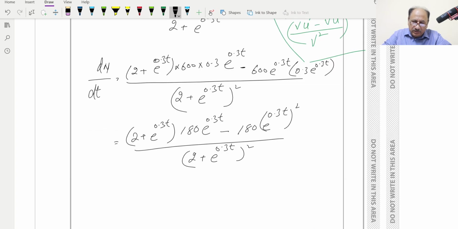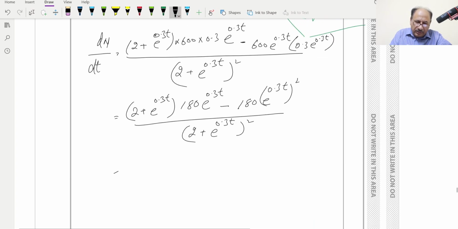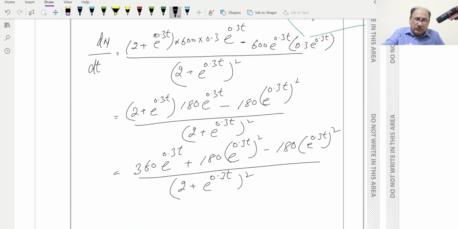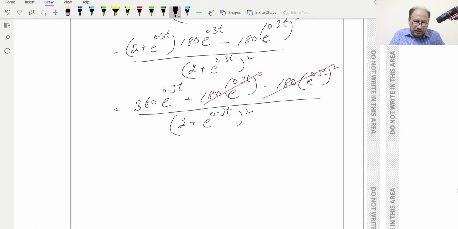Now we can open this bracket also, so this will be 360 e raised to the power 0.3t plus 180 e raised to the power 0.3t squared minus 180 e raised to the power 0.3t squared. Now this is plus and this is minus, so it will be cancelled, and we can write the remaining part over here.